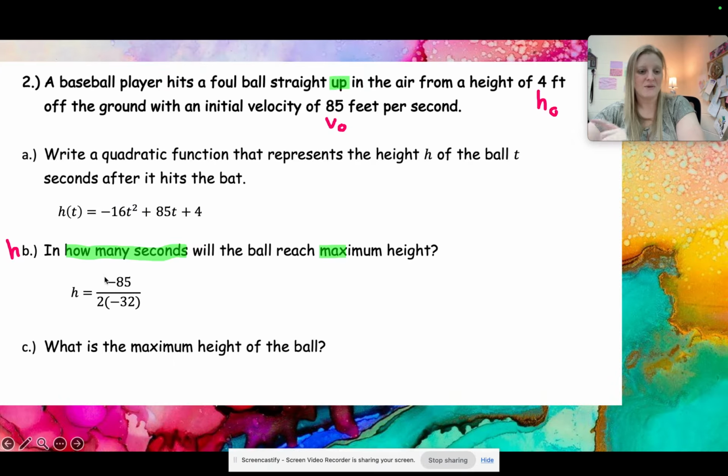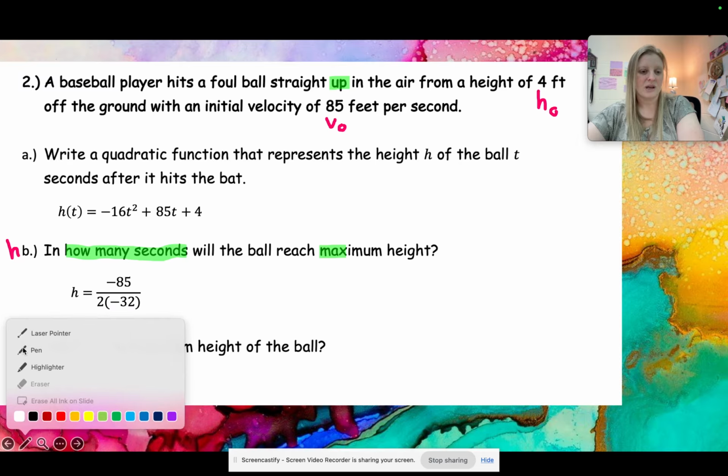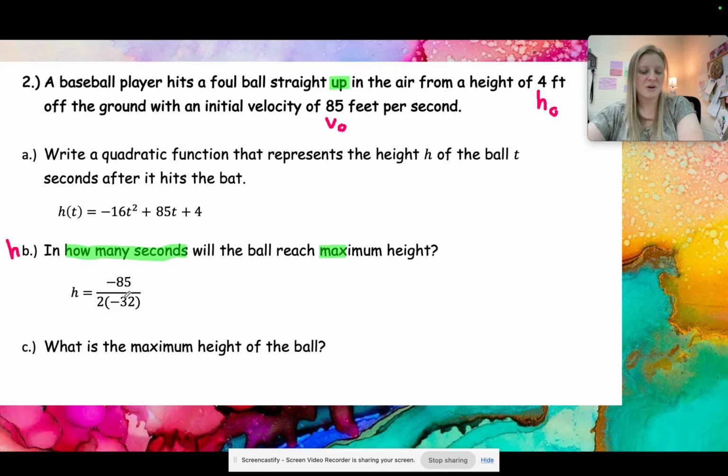All right, so we have negative b over 2a. And I just realized I have a typo here. This should be 2 times negative 16. Got a little ahead of myself there. All right, so 2 times negative 16 is negative 32, not 64.